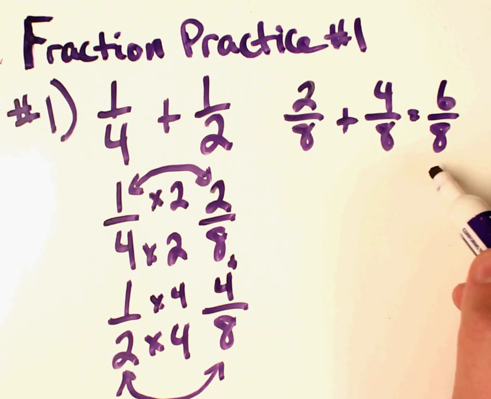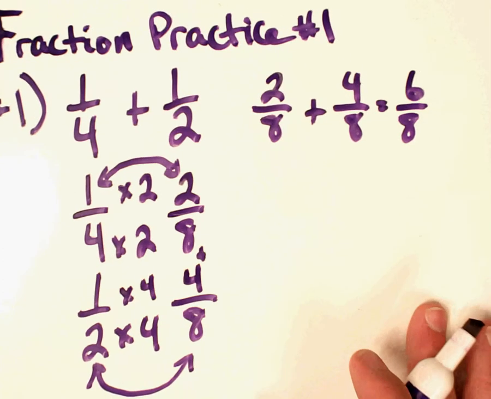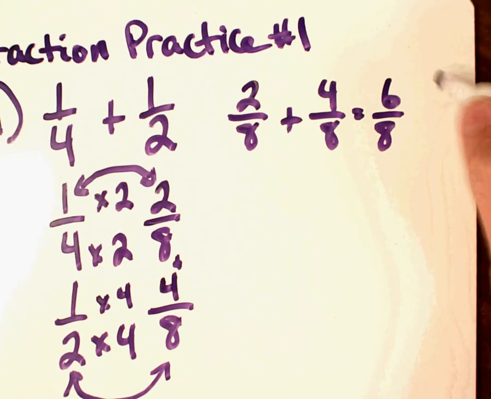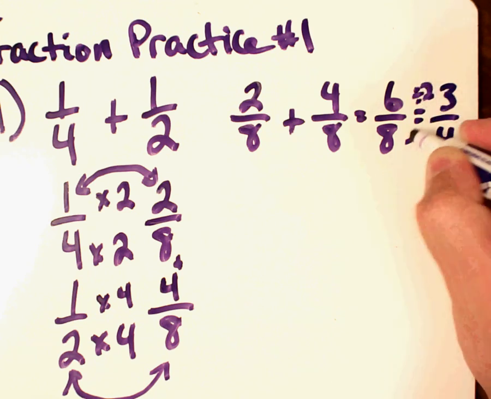We're going to go ahead and do that, and then we're going to come back and talk about this just a little bit more so we're clear on what's going on. So 6/8, the simplest equivalent would be 3/4. And I do that by dividing both top and bottom by 2.